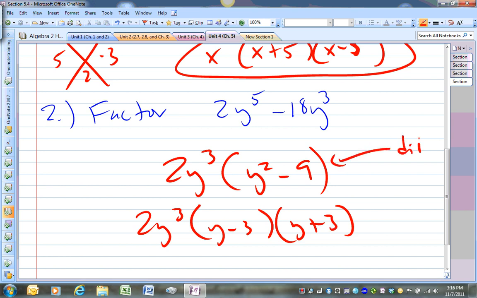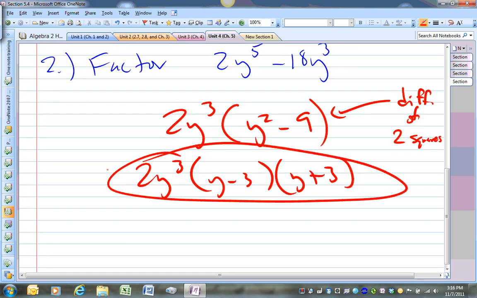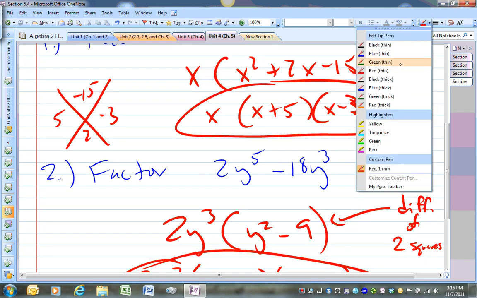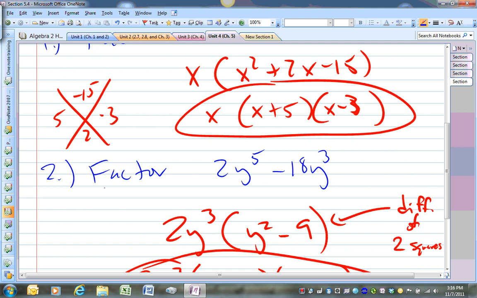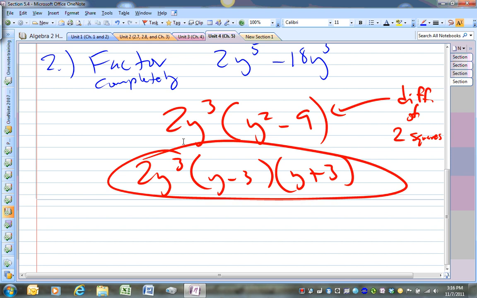That represents a difference of 2 squares. Because y squared and 9 are perfect squares, so you could break it up like that. So that would be the final answer, because we want to factor completely. So I probably should rephrase my instructions. Factor completely. Right, let's move on to number 3.